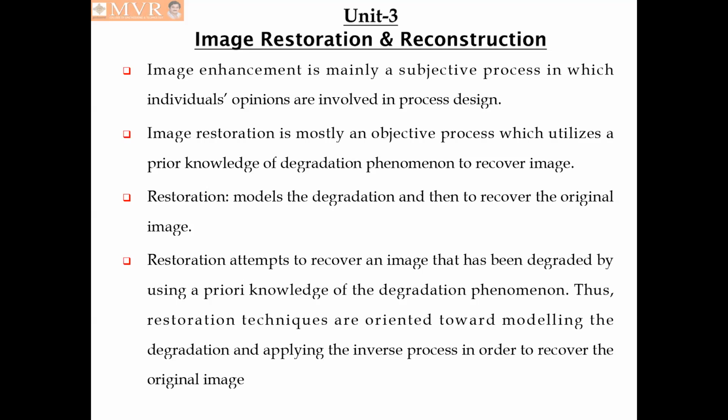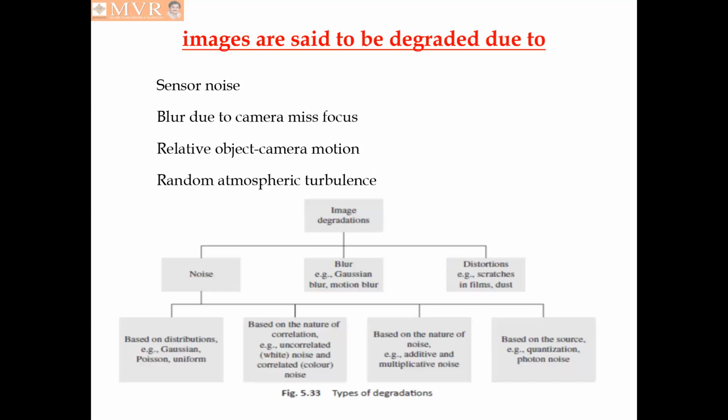Generally, restoration attempts to recover an image that has been degraded by using prior knowledge of the degradation phenomena. Thus, restoration techniques are oriented towards modeling the degradation and applying the inverse process in order to recover the original image. So, to understand clearly what image restoration is, we have to see the block diagram of image restoration.